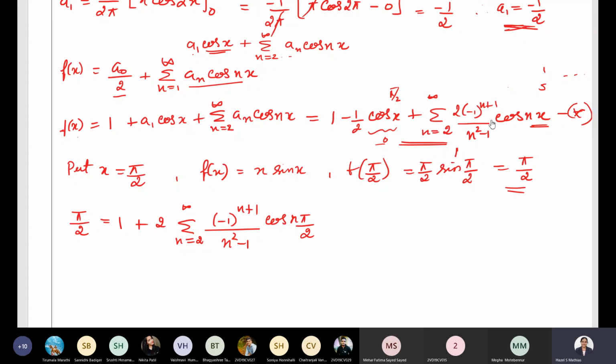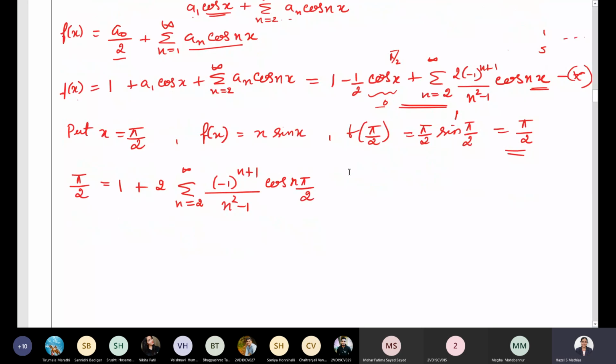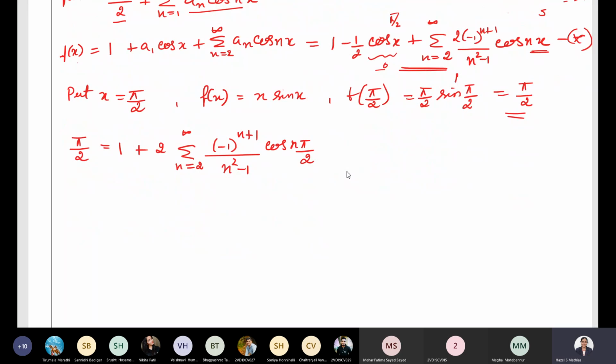What do we do next? You take this one to the other side, it will become pi by 2 minus 1, that is equal to 2 times summation n equal to 2 to infinity minus 1 power n plus 1 divided by n square minus 1 into cos n pi by 2. Or you can also take the LCM here.